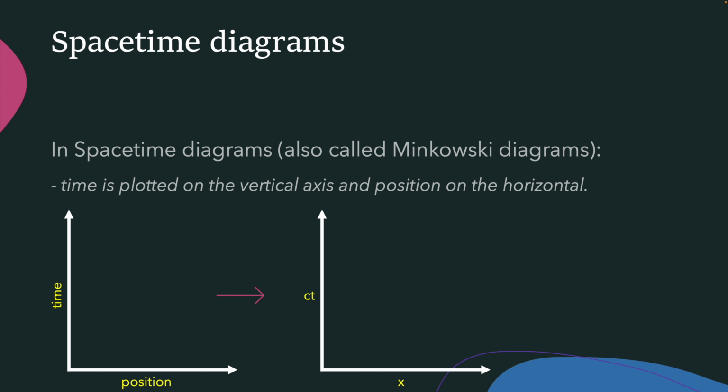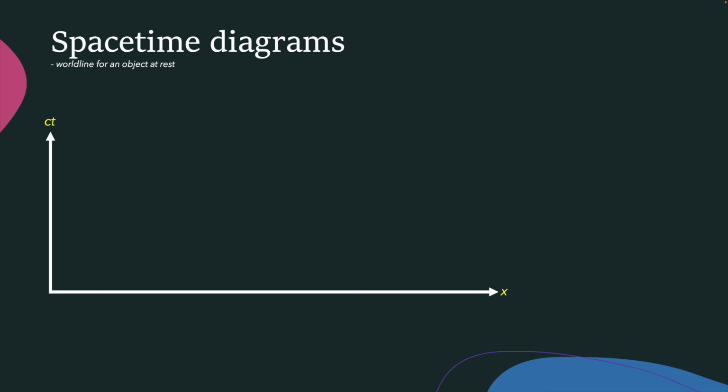One thing to be noted is that instead of time directly, we're going to take ct, which is a time axis with a factor of the speed of light, which gives the unit meter, and the x-axis is position in meters. If you have a doubt why ct on the y-axis instead of just time, very soon I'm going to reveal why ct instead of t.